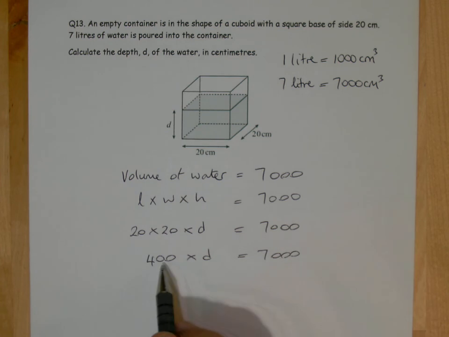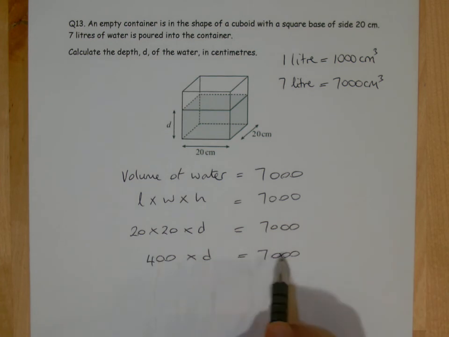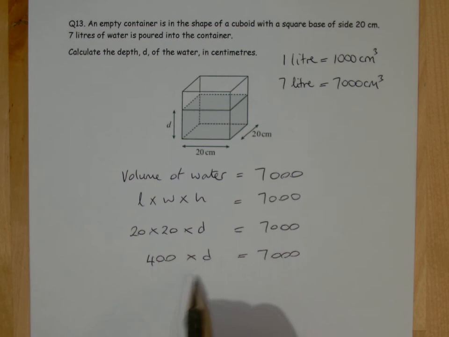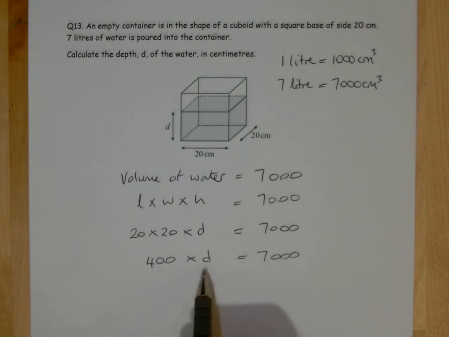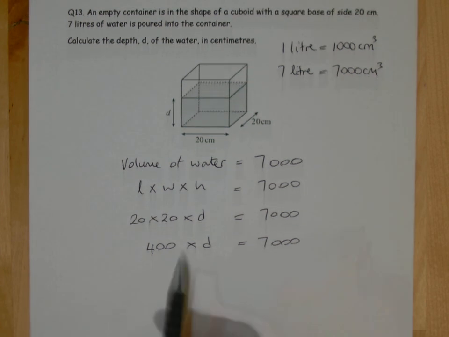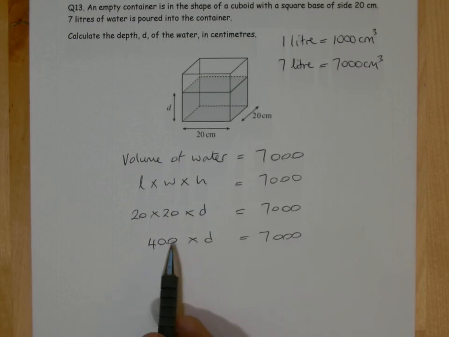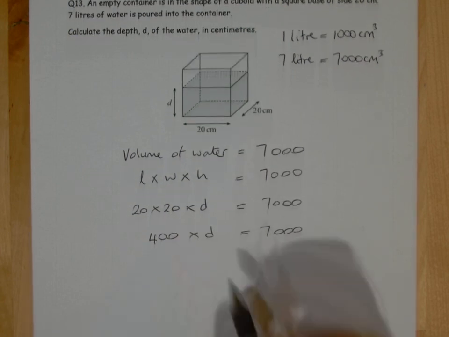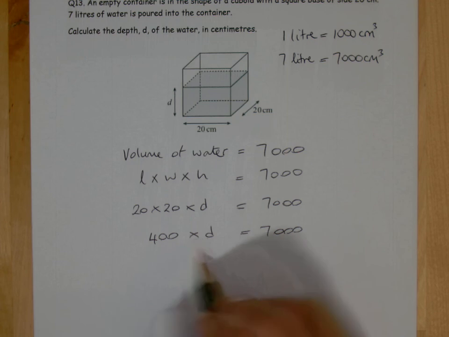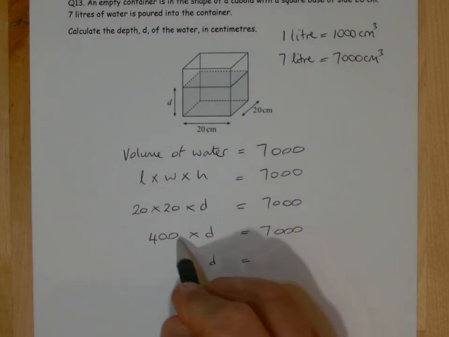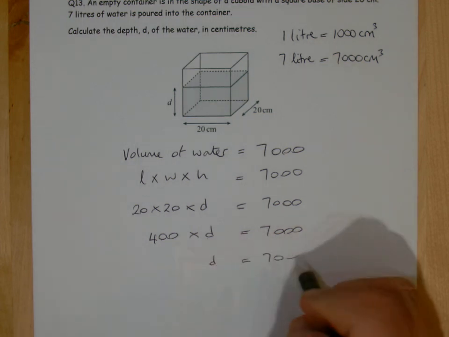Now, we need to think then, 400 times something is 7,000. Is it possible for me to work out that something, that D? What am I timesing by 400 to get 7,000? Well, of course, we can use a little bit of algebra, solving equations, and we can think about taking that 400 over to the side. Because we're multiplying here, when I take that 400 over, I'm going to be dividing.